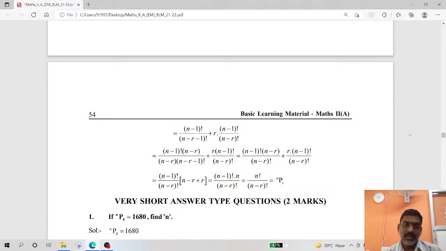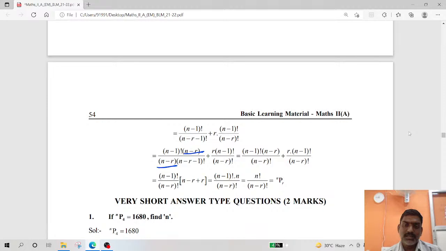So let us convert. Here they are converting this (n minus r minus 1) factorial into (n minus r) factorial, because if we have the same denominator, then we can simplify the numerators easily. For that purpose, they multiplied both numerator and denominator with n minus r. So what they get is (n minus 1) factorial times (n minus r) divided by (n minus r) factorial, plus r times (n minus 1) factorial divided by (n minus r) factorial.